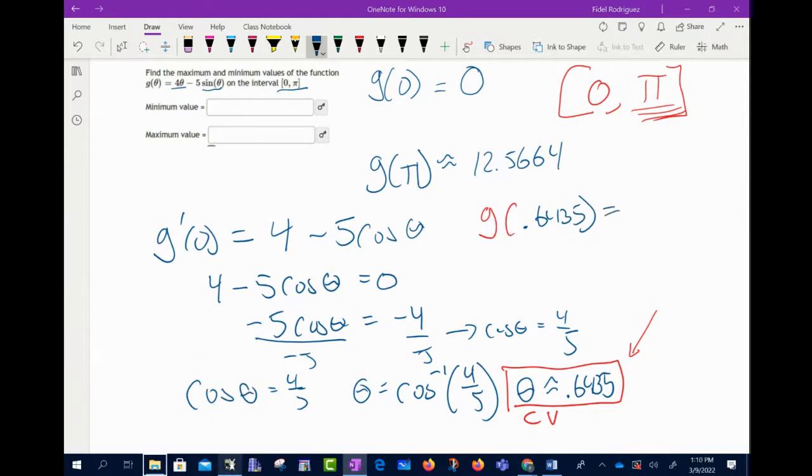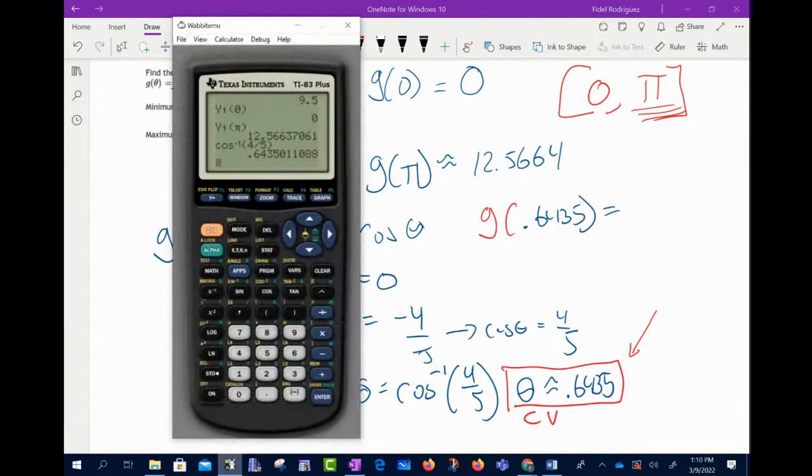Okay. So I'll come back to my function here, right? Yeah. So look, I'm going to come back over here. I'm going to go to my y bars, function number one, and I'm entering in 0.6435.